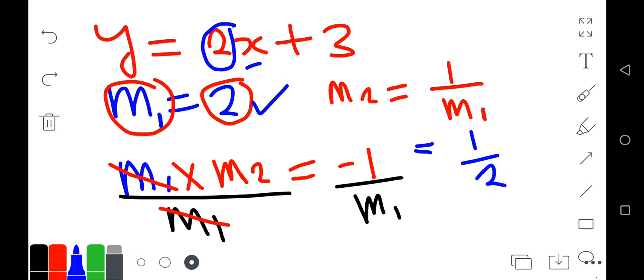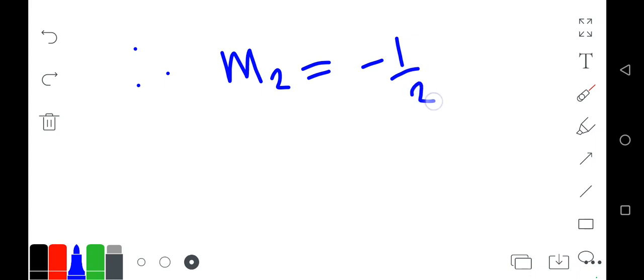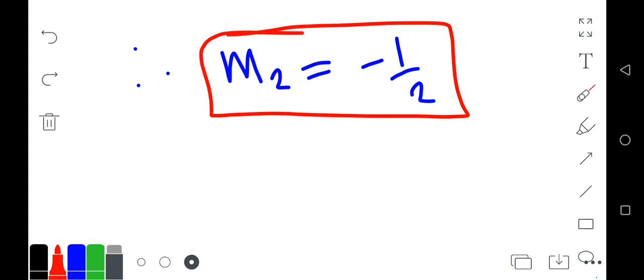Negative there. Sorry, so negative there. So therefore, the gradient m2 is just -1 over 2, or -half. So this is how you can go about finding the gradient of lines that are perpendicular to each other.